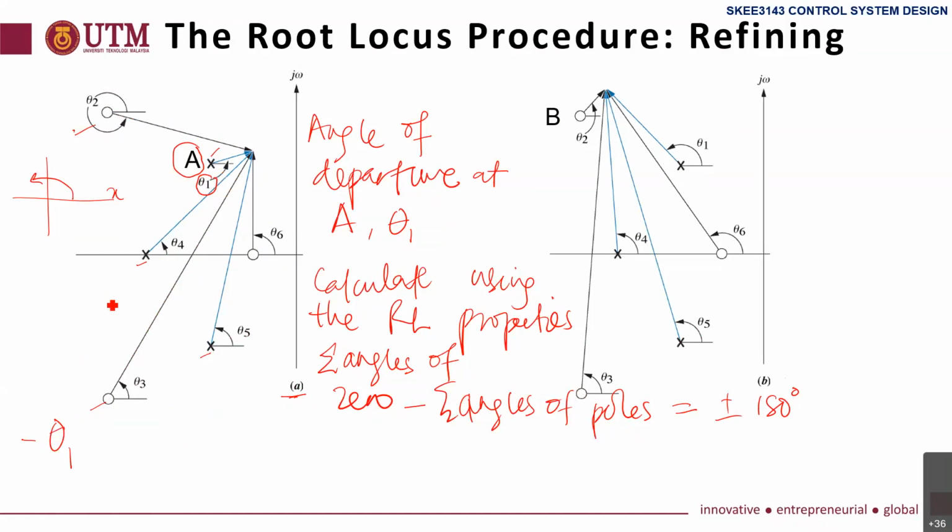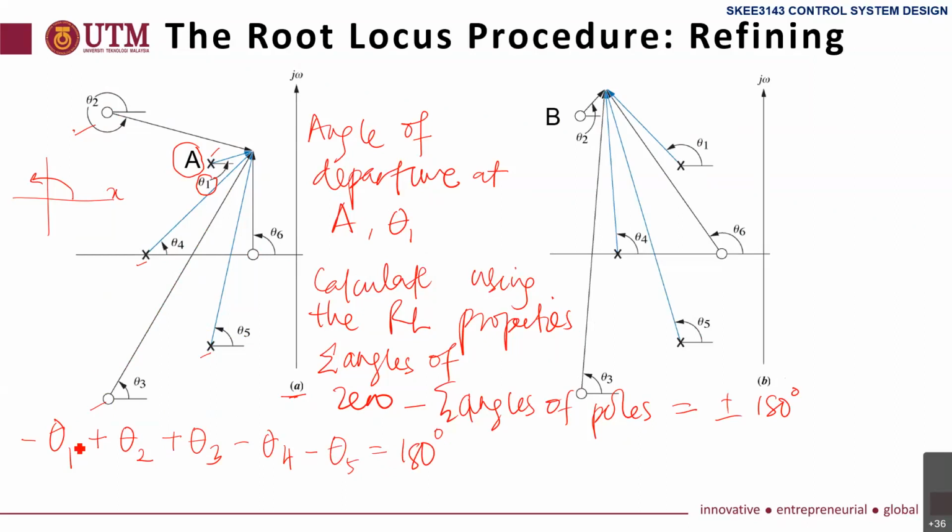Theta 2 is for the zero, plus theta 2. Theta 3 also zero, plus theta 3. Theta 4 is for a pole, minus theta 4. Theta 5 is for another pole, minus theta 5, equal to 180 degrees. I use positive.